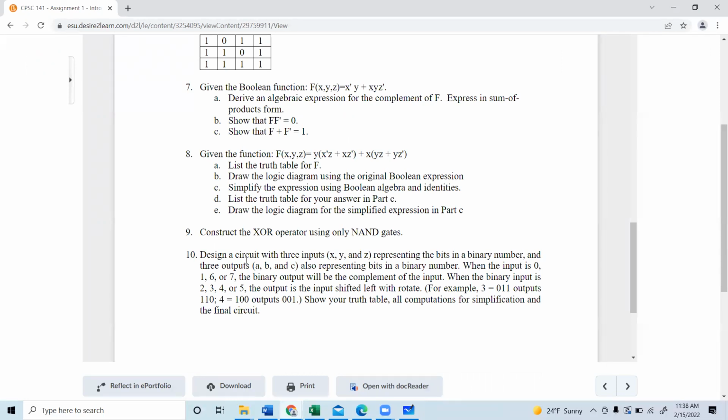For this example, you have to figure out the truth table. Design a circuit with 3 inputs X, Y, Z, representing the bits in a binary number, and 3 outputs A, B, C, also representing bits in a binary number. When the input is 0, 1, 6, or 7, the binary output will be the complement of the input. When the binary input is 2, 3, 4, or 5, the output is left shifted with rotate. Show a truth table and all computation for simplification of the final circuit.